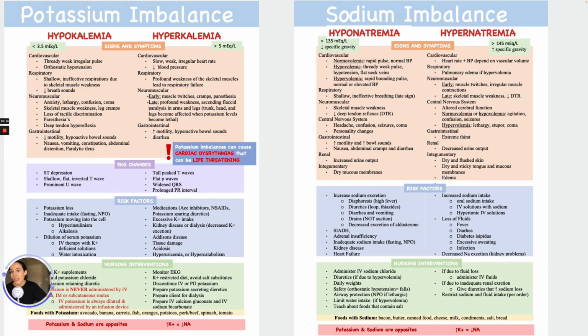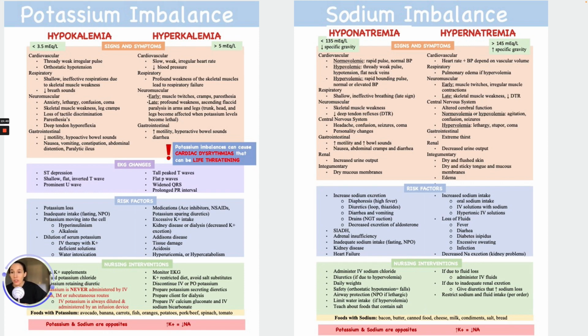Neuromuscularly, you'll see anxiety, lethargy, confusion, coma, skeletal muscle weakness, leg cramps, loss of tactile discrimination, paresthesia, deep tendon hyporeflexia. Gastrointestinally, you'll see decreased motility, hypoactive bowel sounds, nausea, vomiting, constipation, abdominal distension, and paralytic ileus. EKG changes for hypokalemia: you'll see ST depression and shallow, flat, inverted T waves.